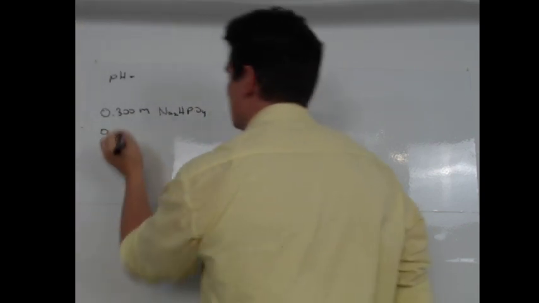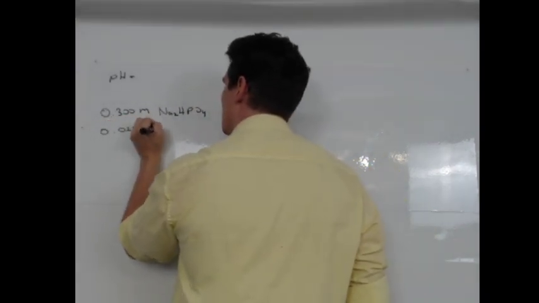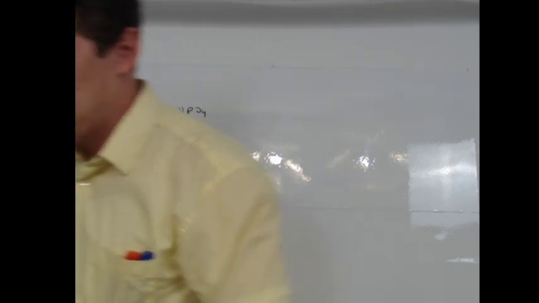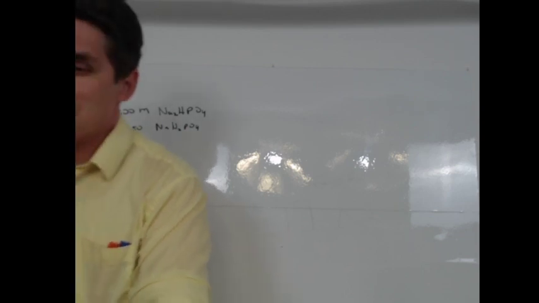The other one is 0.025 NaH2PO4. And according to him, it's page 13 on the handout sheet.